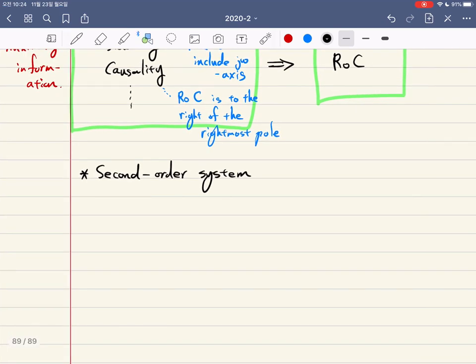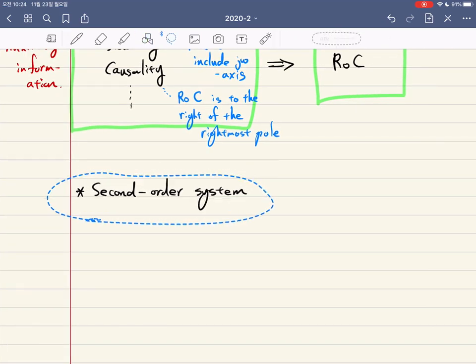The second order system here is very popular because many of the systems in real life can be represented by the second order system or a combination of second order systems. The most important example for the second order system is a spring mass damper mechanical system.